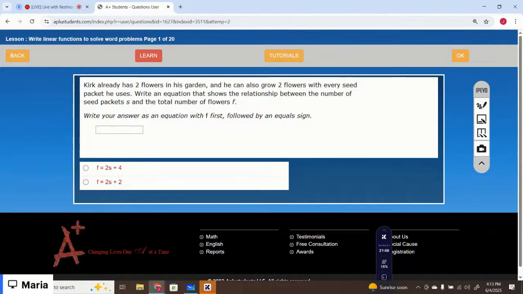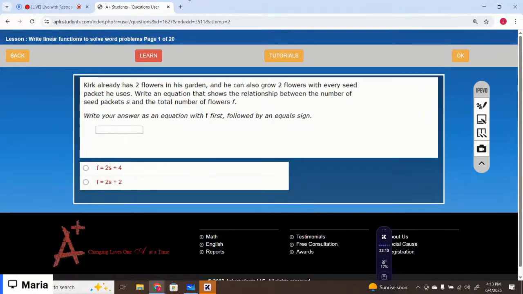Write an equation that shows the relationship between the number of seed packets S and the total number of flowers. That is F equals... you already have two flowers in the garden, right? And with every seed packet we can grow two flowers.